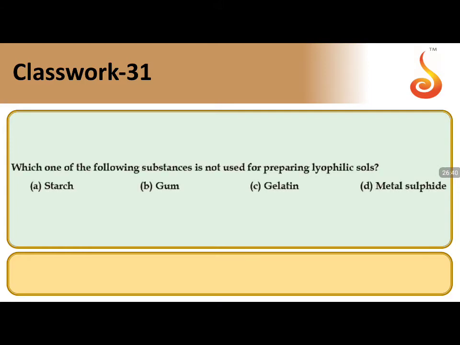Coming to question number 31: which one of the following substances is not used for preparing lyophilic sols? Very simple question. When I use the word lyophilic, children, it is very easy to understand. If it is an organic compound, lyophilic; if it is an inorganic compound, lyophobic. This is the simple way I told you to remember.